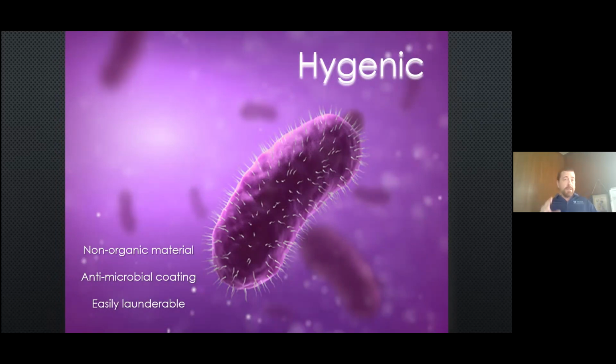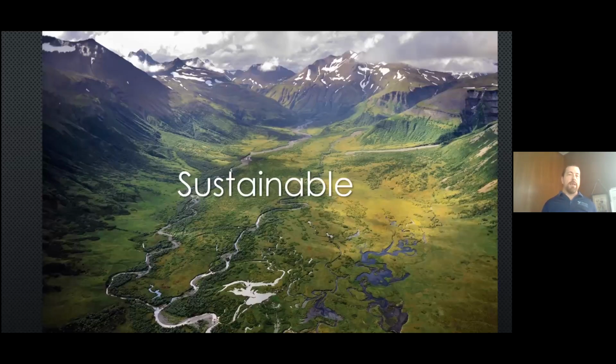These are all easily launderable. You can just wash them in commercial laundry systems, using basically an industrial version of OxyClean to maintain the cleanliness and hygienic status of the system. So it's really simple, quick, easy maintenance.